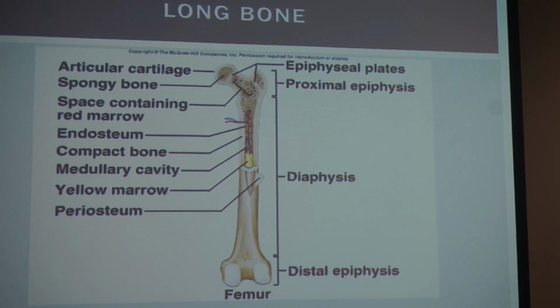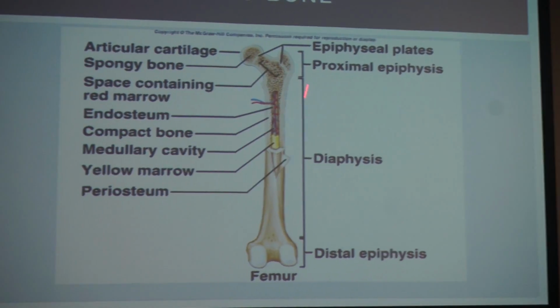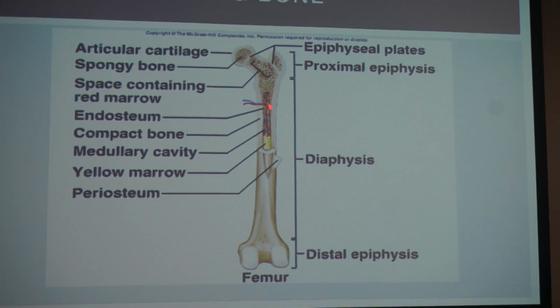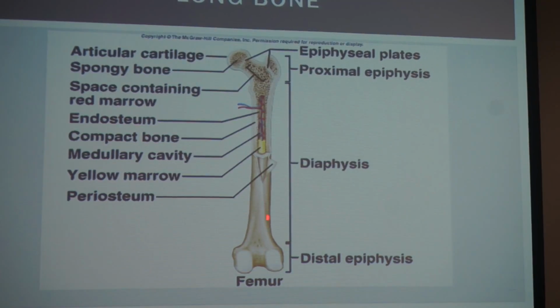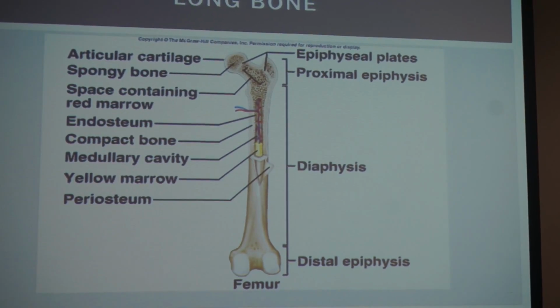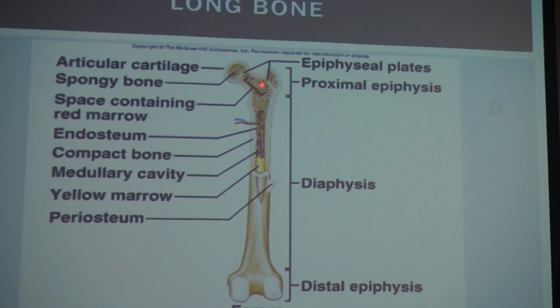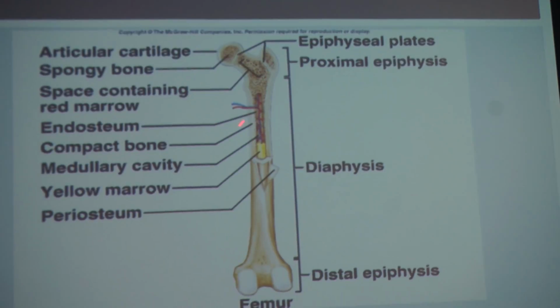So if I cut through here in an adult, you'll have the compact bone and you're just going to see the yellow bone marrow. In the epiphyses, you'll see some of the spongy bone in the interior, right in here. They didn't cut through that, so you can't see it.